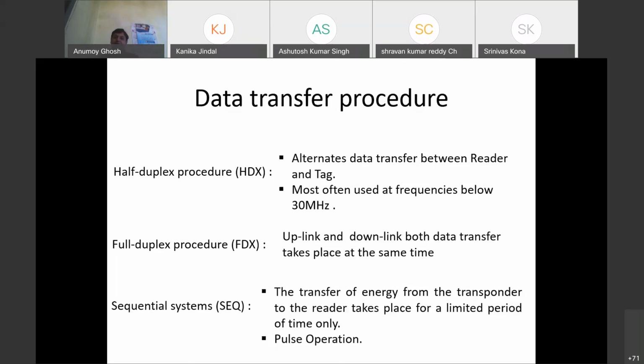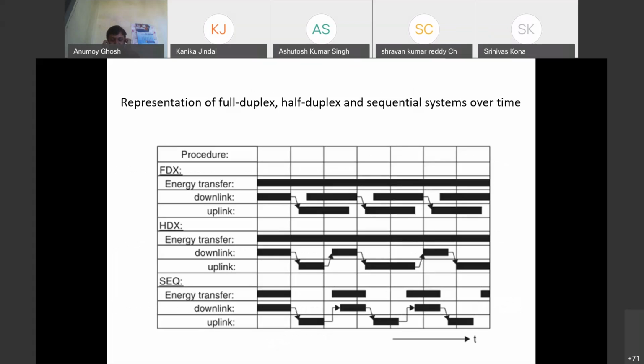The reader can send data, and the tag can also send data at a time. And a sequential system means the system will be half duplex, and also the energy will be given out in spurts. The energy will not be given out continuously from the reader. If you look into this figure, it will be clear to you. For full duplex, the energy is continuously given out by the reader.